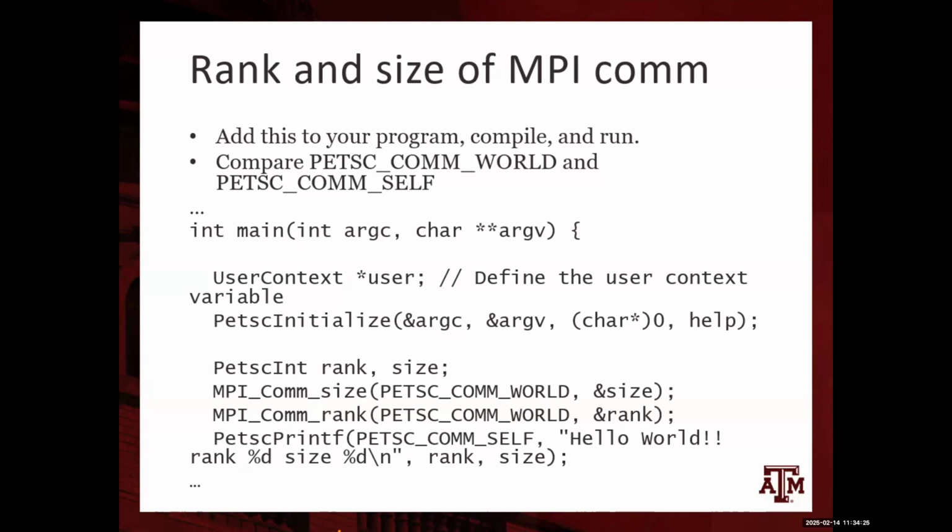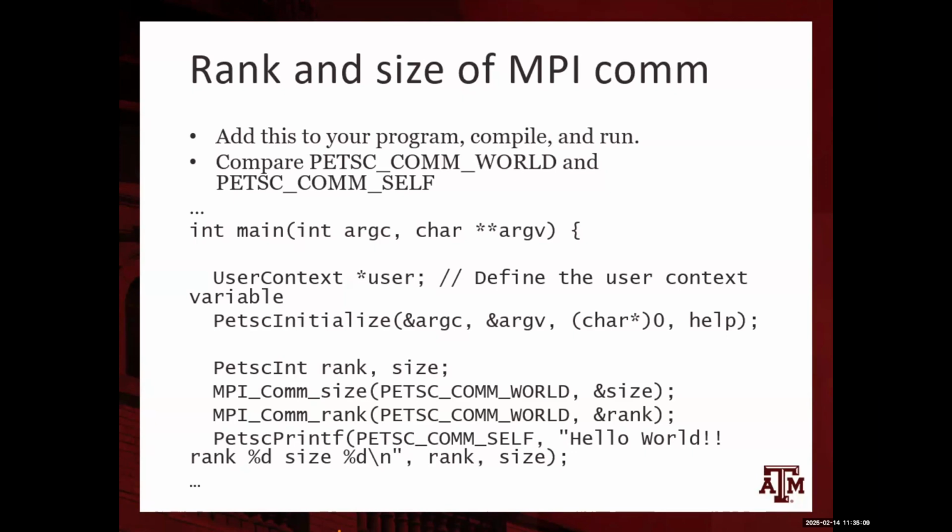The size would be one value. So let's try it. Copy and paste this into your hello world right after the PETSc initialize. Then do again make hello world and run it and see what you get.